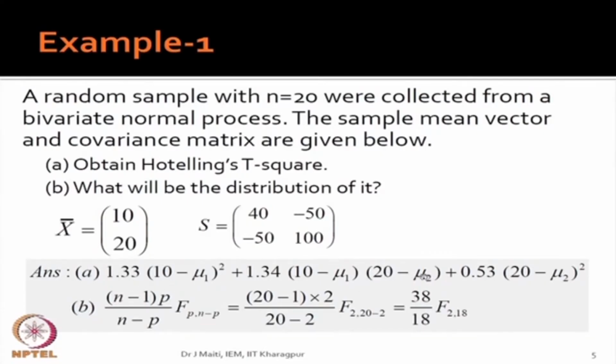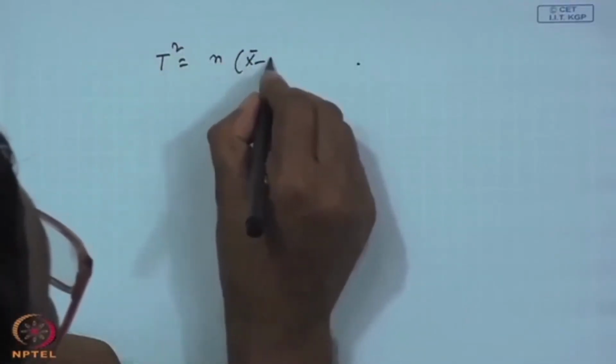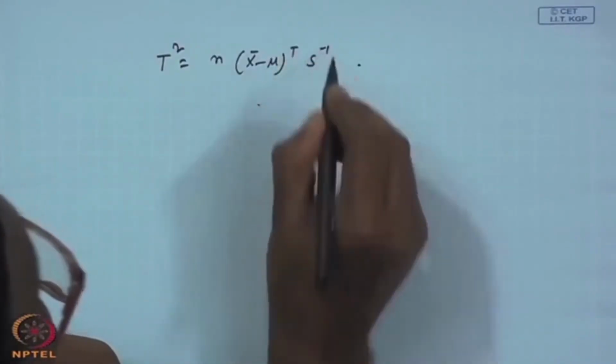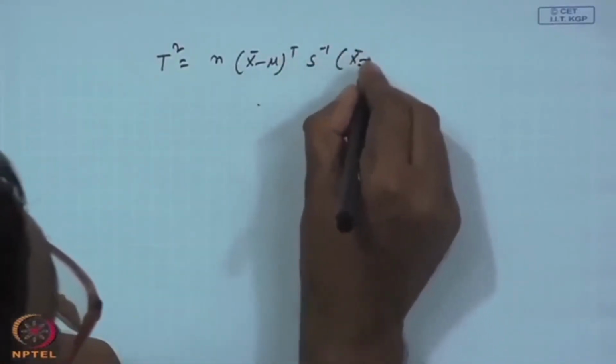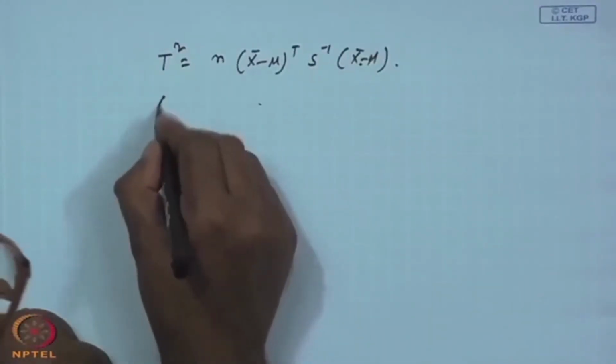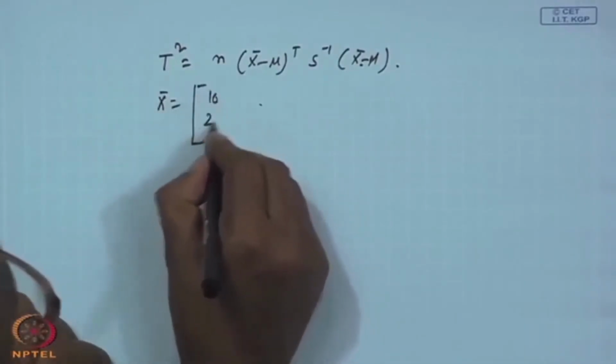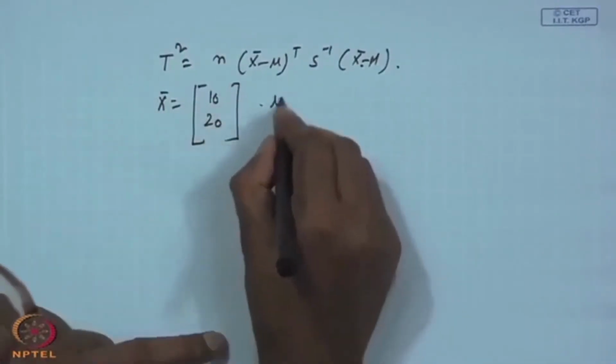For those of you who have not gone through that computation, please see what this T square is: n (x bar minus mu) transpose S inverse (x bar minus mu). What is your x bar? X bar is given as (10, 20). What is your mu?